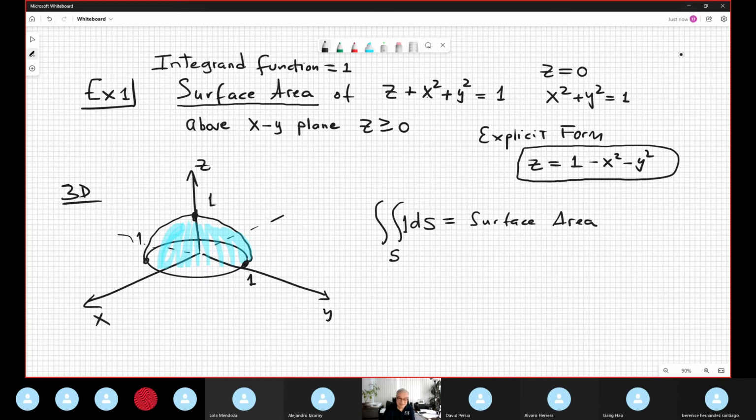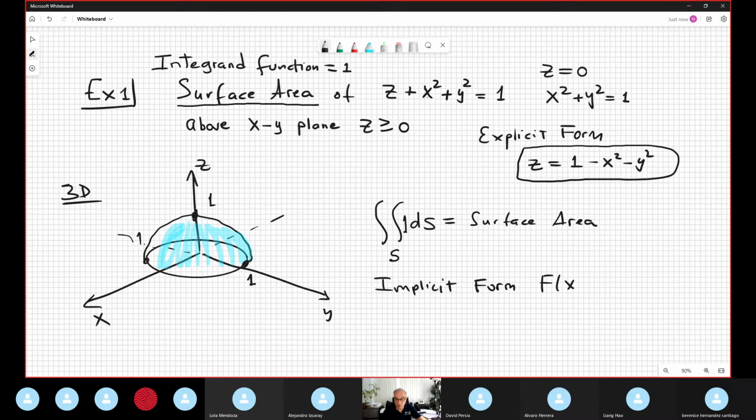The challenge is, who is dS? So, there are 3 different ways using implicit form. And for the implicit form, the first thing you should do is write the equation in implicit form.